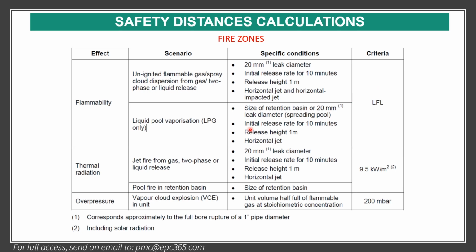But in the worst case we have a 20 millimeter release from a dropped object or some accident, and that is the criteria for calculating the safety distance for the fire zone. And the initial release rate is for 10 minutes. All of these criteria are written here.